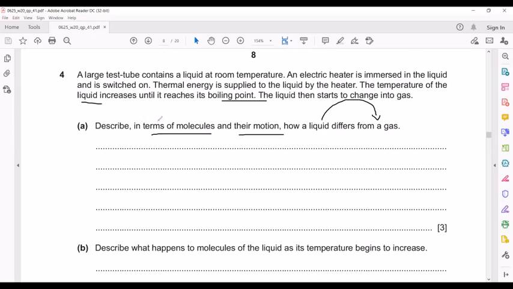If you see the question, it's fine to say particle; that does not make a difference to the answer. But they say in terms of molecules, so it is better to use that term. They already mentioned that they want you to use the term molecule. That's why. But if you use particle as you are used to writing, that is also correct.